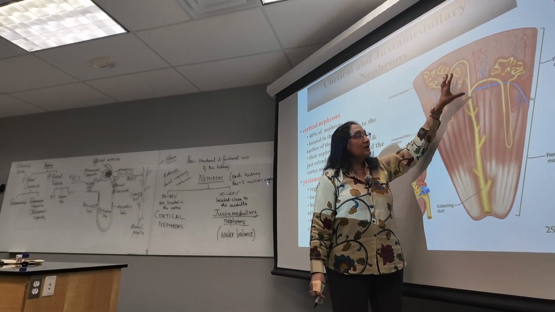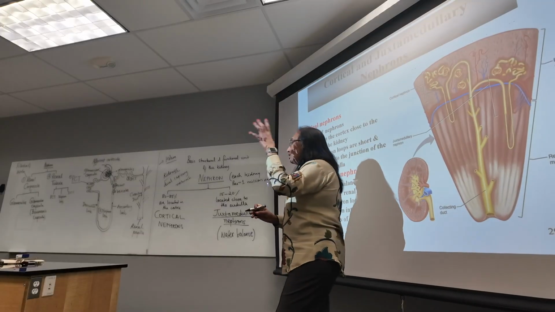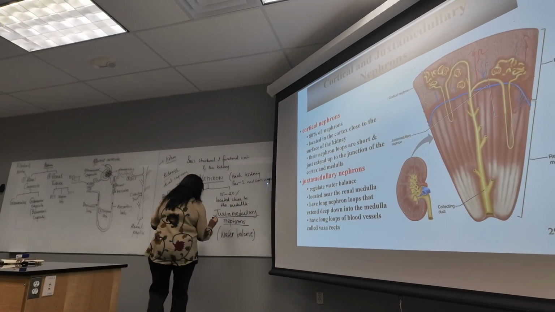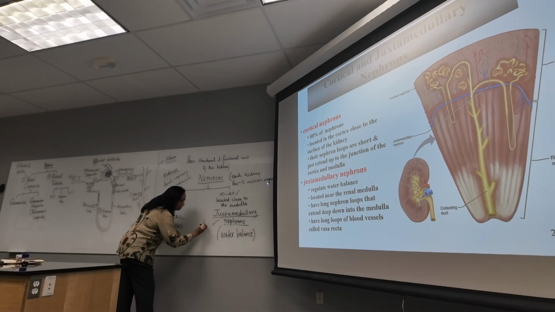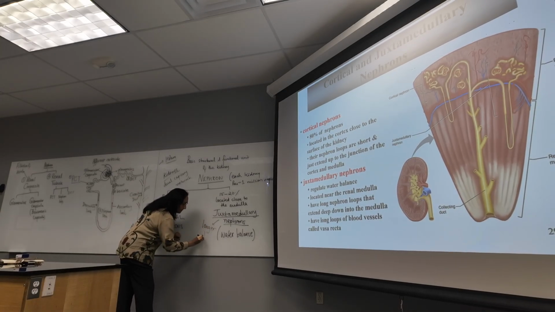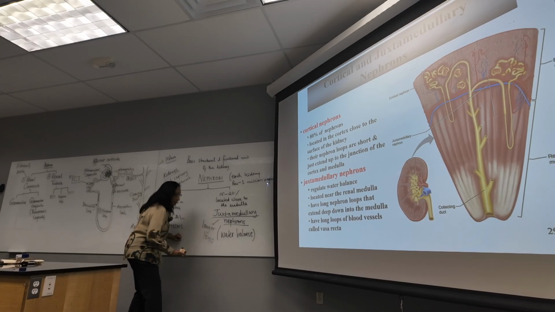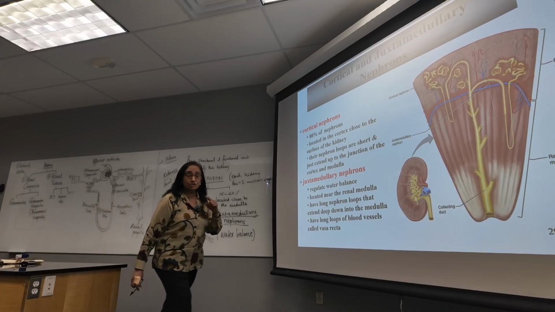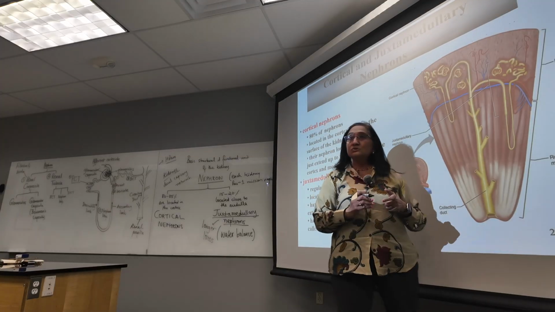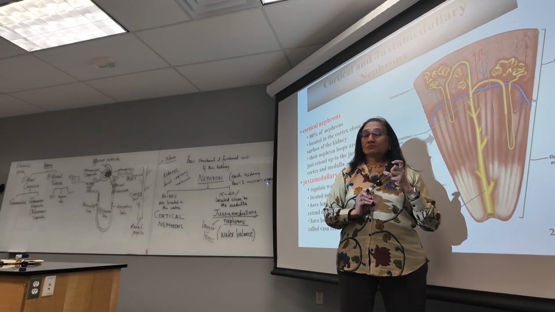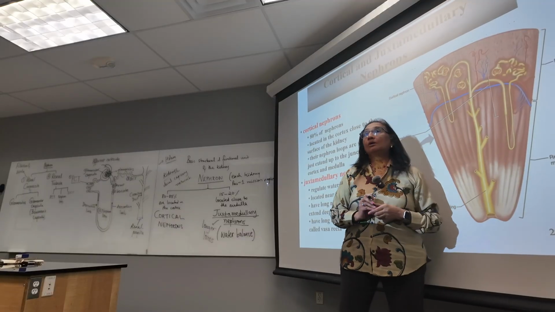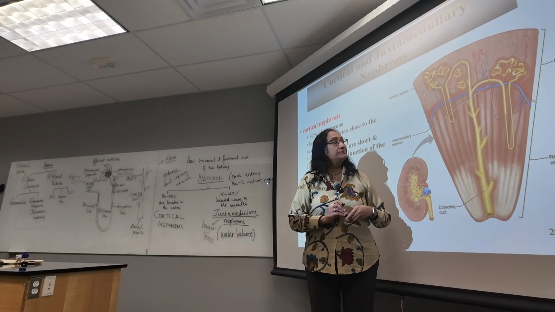Okay? So that's the only difference between the cortical nephron and the juxtamedullary nephron. These nephrons have longer loops, whereas the other one has shorter loops. The longer loops allow them to maintain water balance. Okay, that's why they have long loops like that.